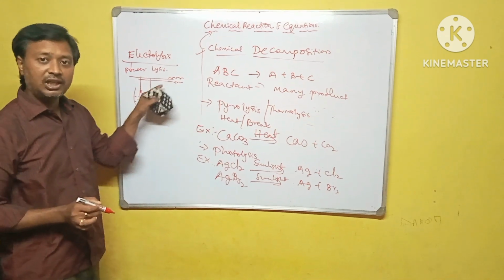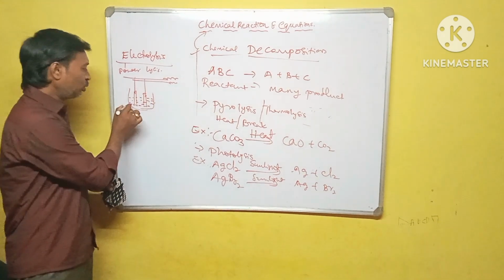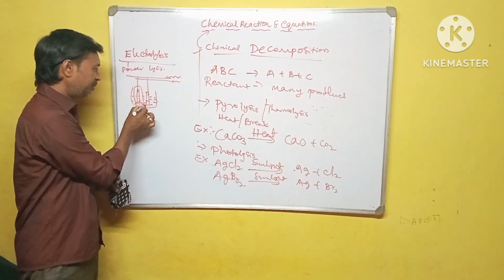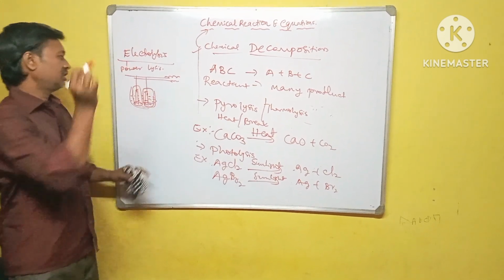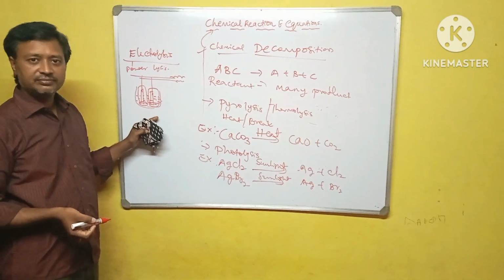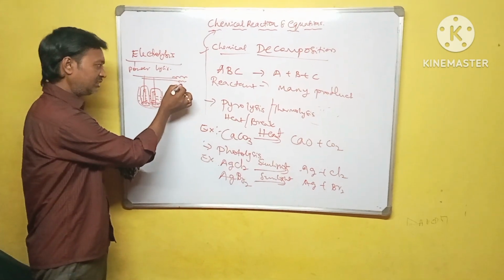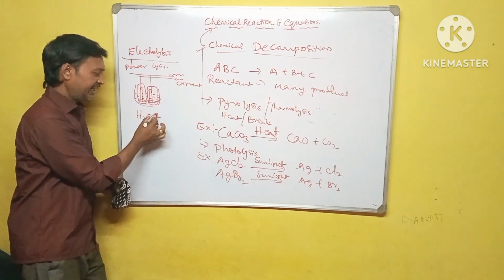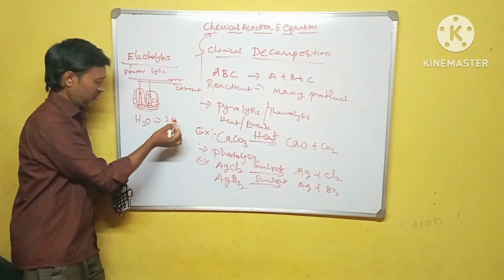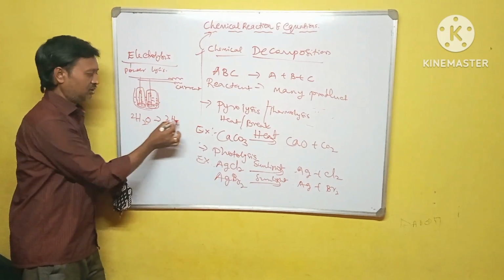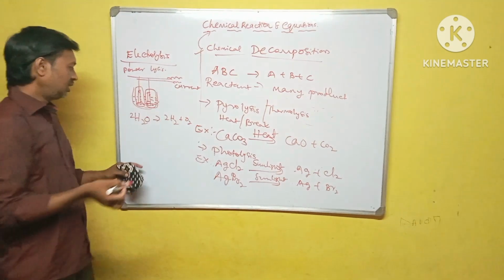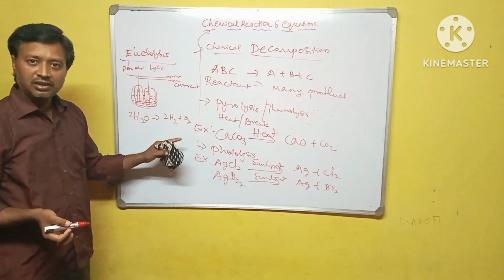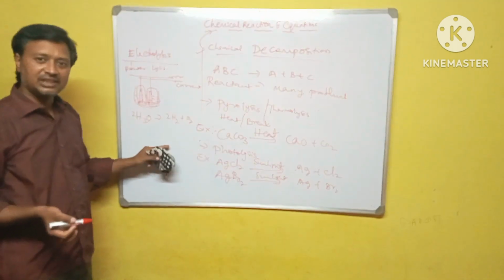Take a test tube, fill it and place it inverted in the container. Then pass the current. Water divides into hydrogen and oxygen. This is called electrolysis.